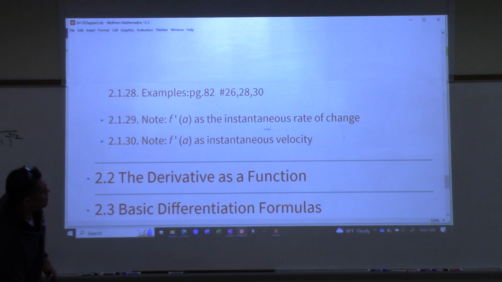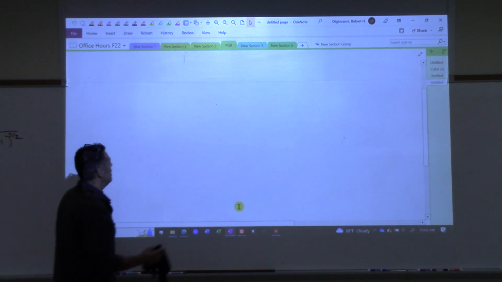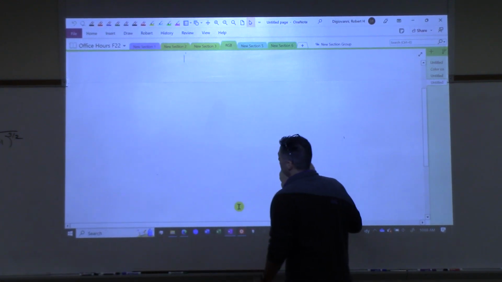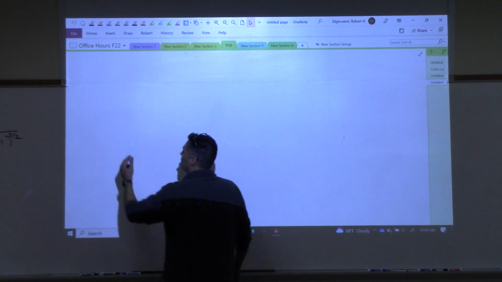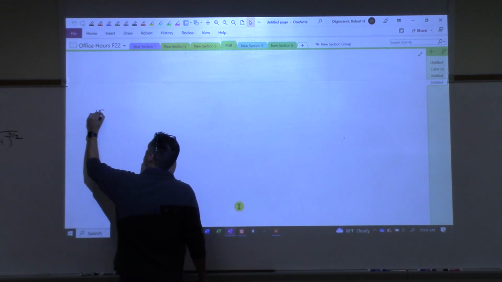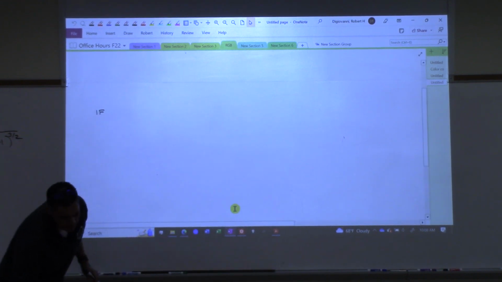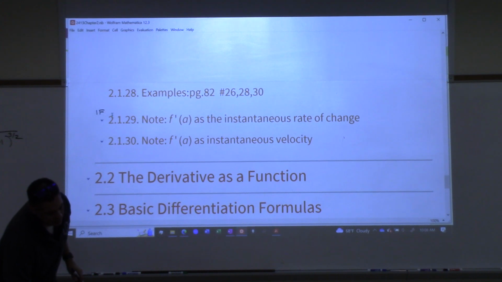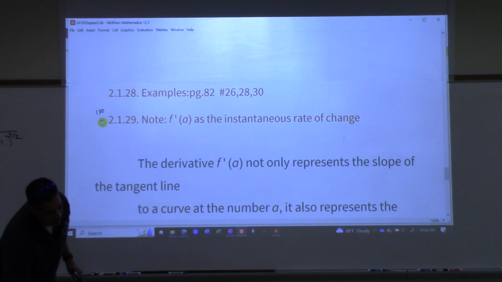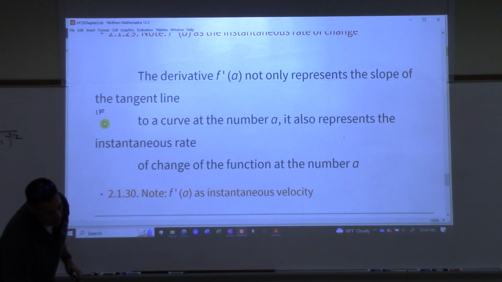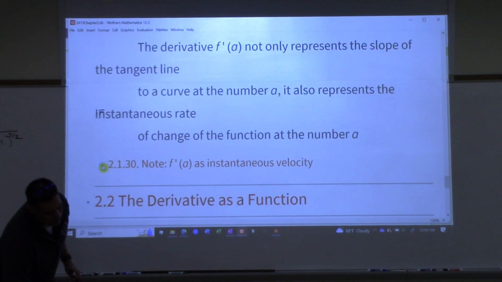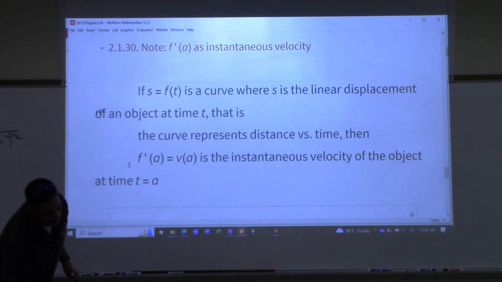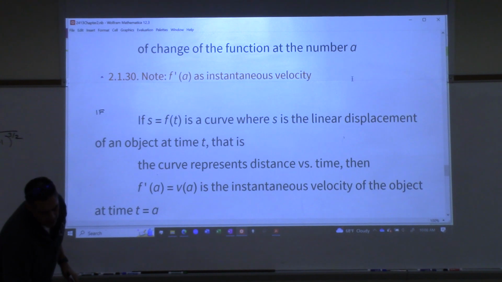Now, we're going to talk about one application of this. Let me use the same notation. S equals f of t.